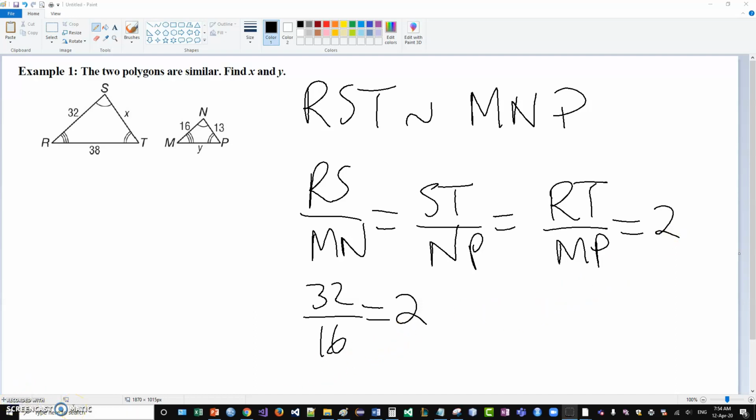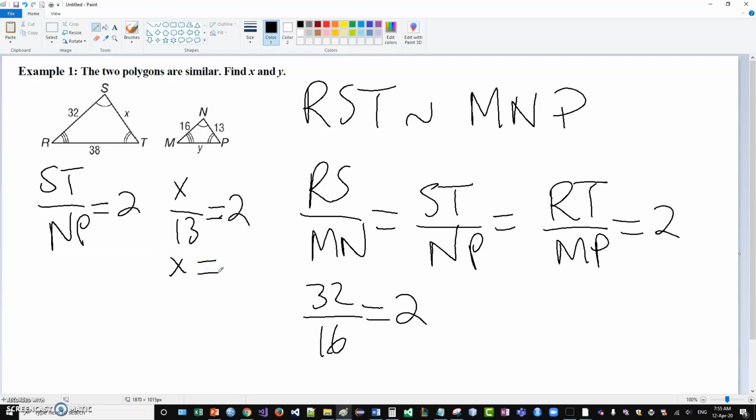So we know that ST over NP equals 2. ST is x over NP is 13 equals 2. That means x equals 2 times 13, which is 26. At the same time, RT over MP equals 2.